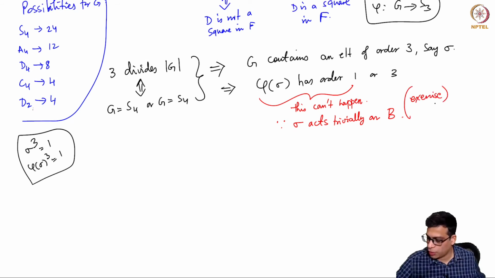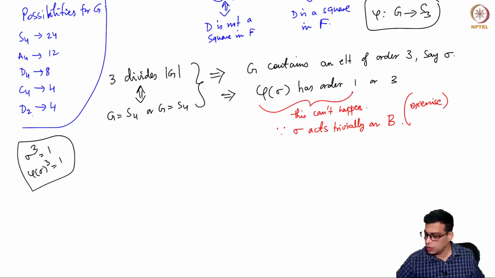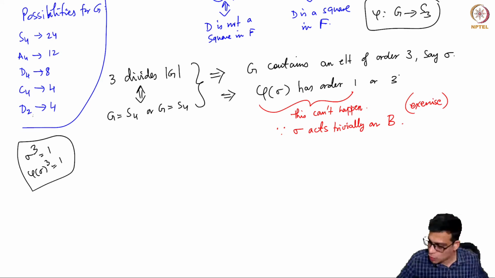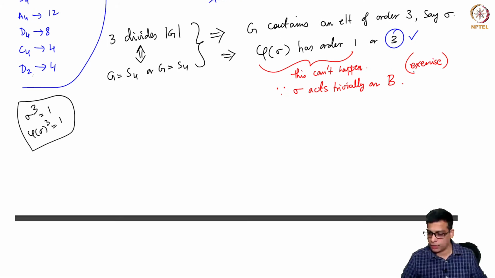I don't at this point quickly recall the statement here, but this is to do with this case. I will tell you this in the next video, but it cannot be this. So I claim that it has to be this. Okay, let me move on, we will come back to this.